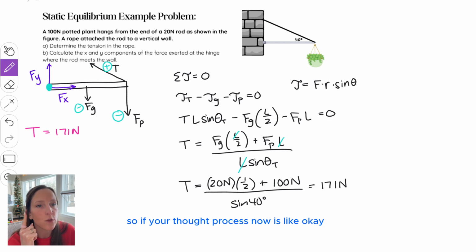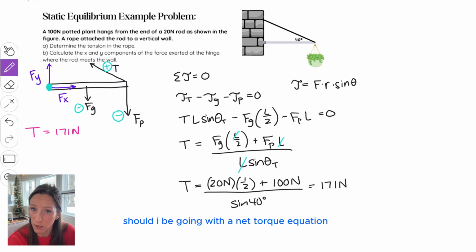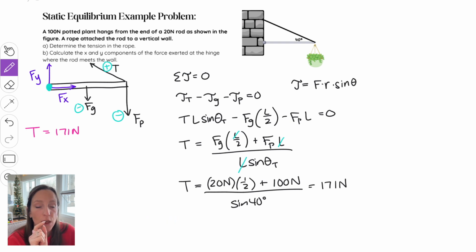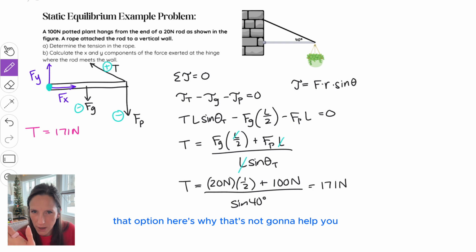So if your thought process now is like, okay, should I be going with a net torque equation, but choose a different pivot point? That option, here's why that's not going to help you.